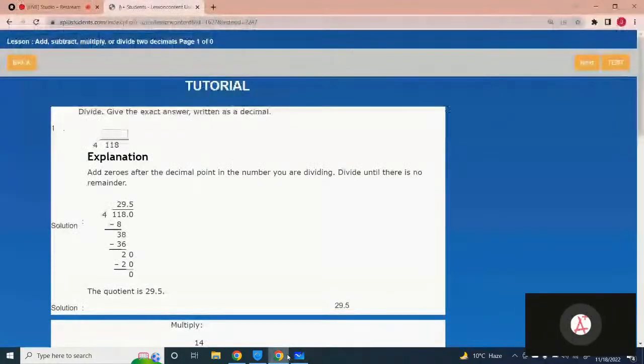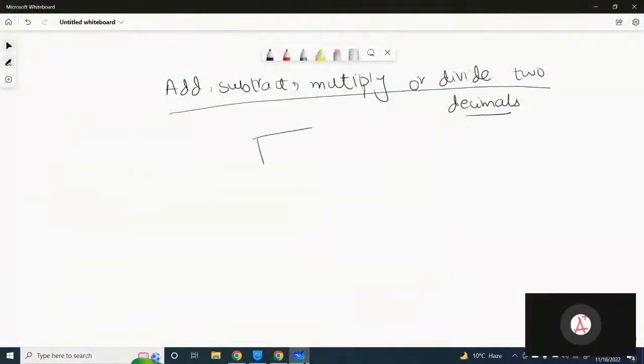Okay, so the first one is divide, give the exact answer 118 divided by 4. So you already know how to divide, isn't it? You have to count a table of 4 until you get 11 or a number that is less than 11. Got it? 4 times 1 is 4, 4 times 2 is 8, 4 times 3 is 12. We can go for 4 times 2. 11 subtract 8 is 3.